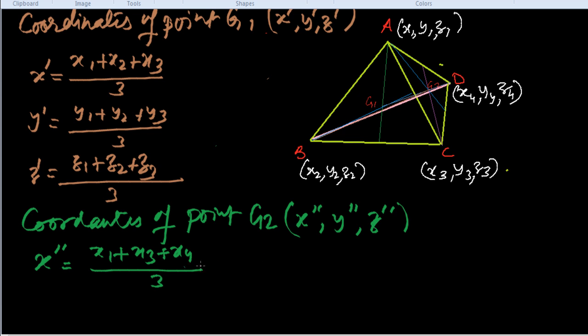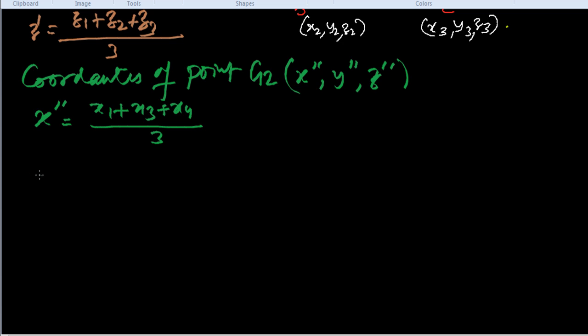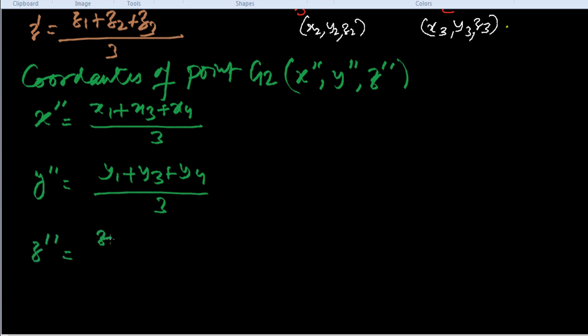Similarly for Y and Z we will get the same thing. Y'' is equal to (Y1 + Y3 + Y4) over 3, and Z'' is equal to (Z1 + Z3 + Z4) over 3.